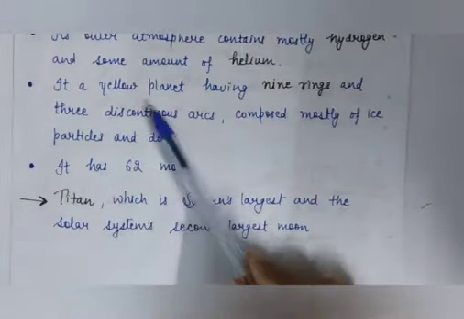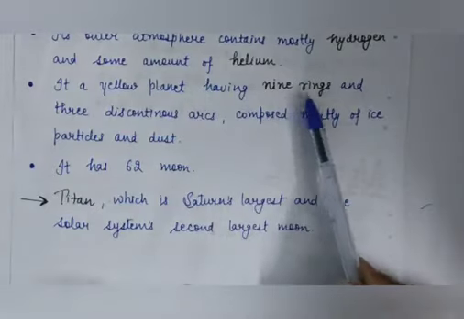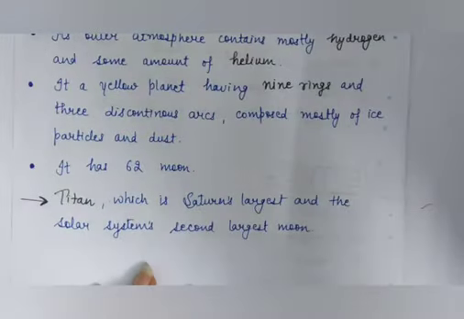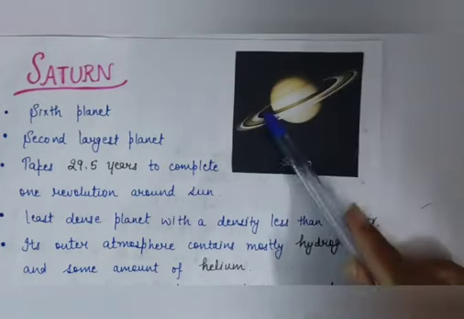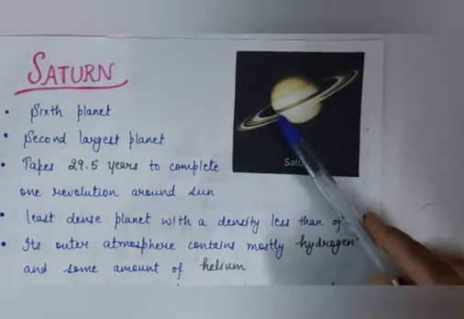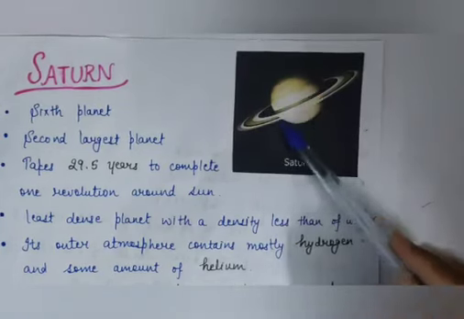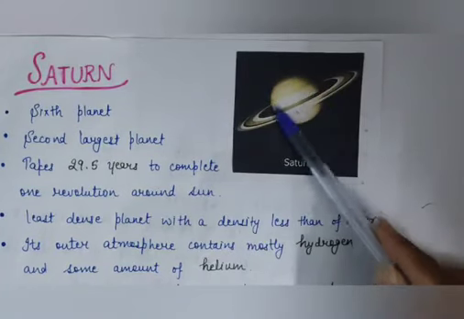It is a yellow planet having 9 rings. These are the rings of the planet.